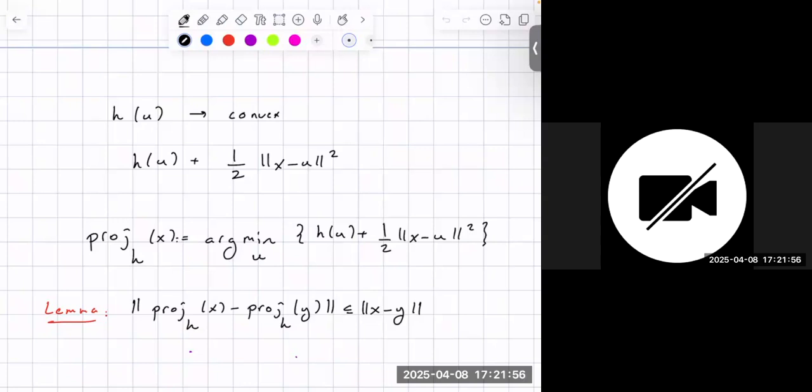One quick thing you could prove: this projection is actually decreasing distances between vectors. So it behaves as you would like it to behave. What's your intuition for projection? I have two vectors in 3D. I project them down. They can get closer, but they cannot get farther apart. Think about two points here and look at their shadows.